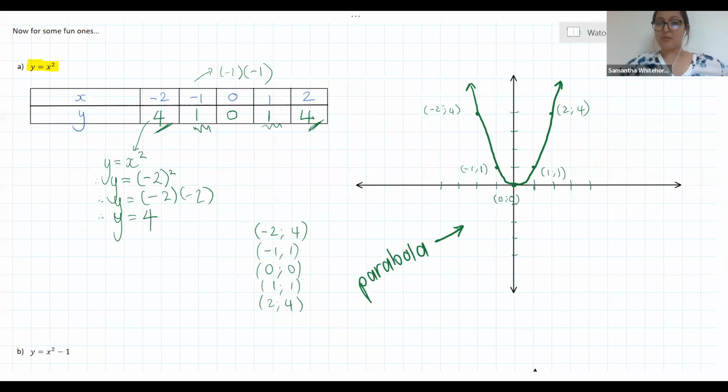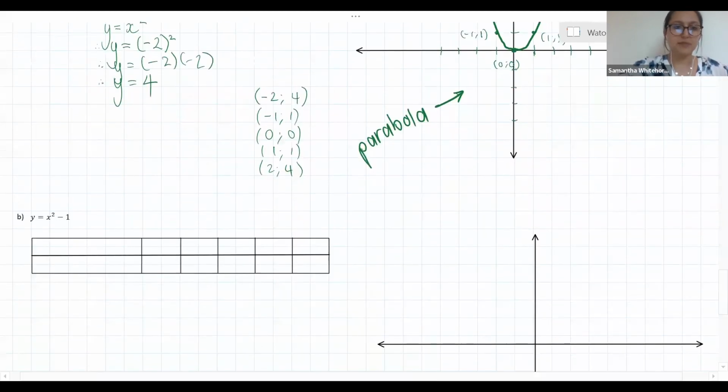So we're talking about values that are being squared. This is what our graph would look like if we're looking at a quadratic relationship, one that uses squares. Okay, so I'm going to let you take a screenshot. You're doing well, my babes.